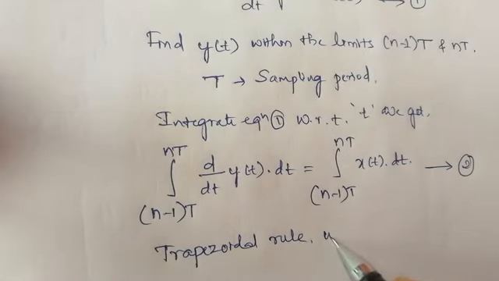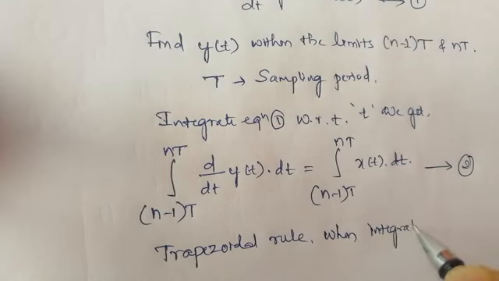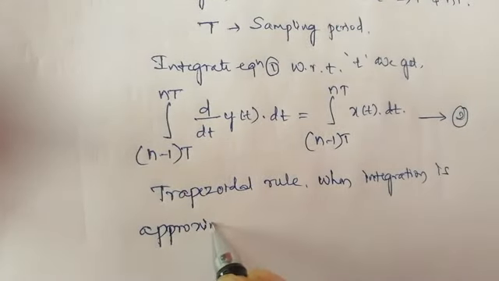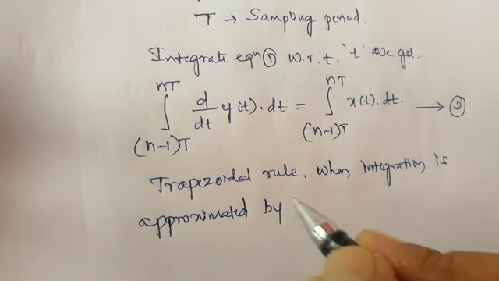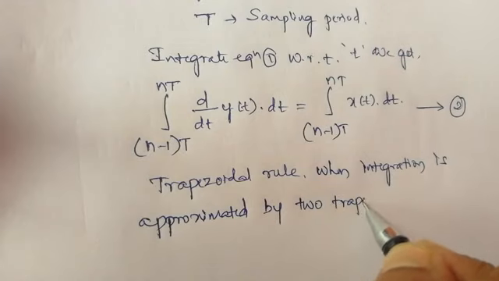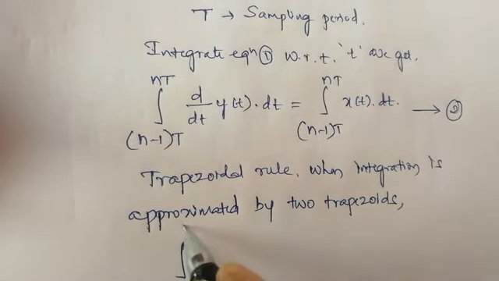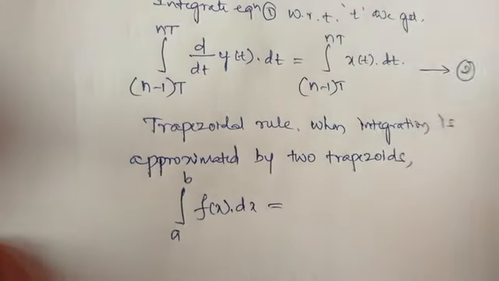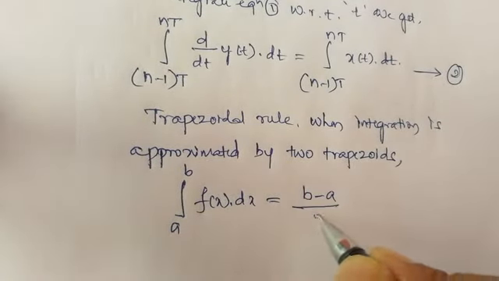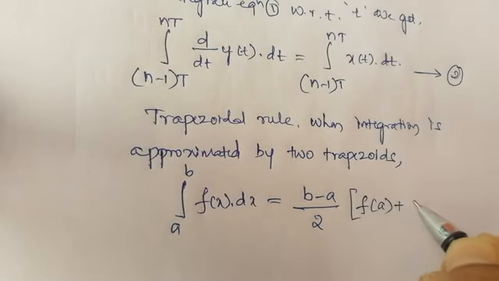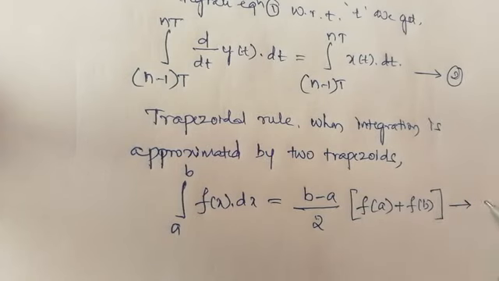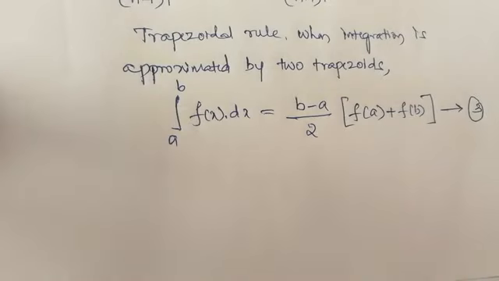As per the trapezoidal rule, when the integration is approximated by two trapezoids, the formula is: integration over the limits a to b of f of x dx equals b minus a divided by 2 times f of a plus f of b. Let us represent this as equation 3.